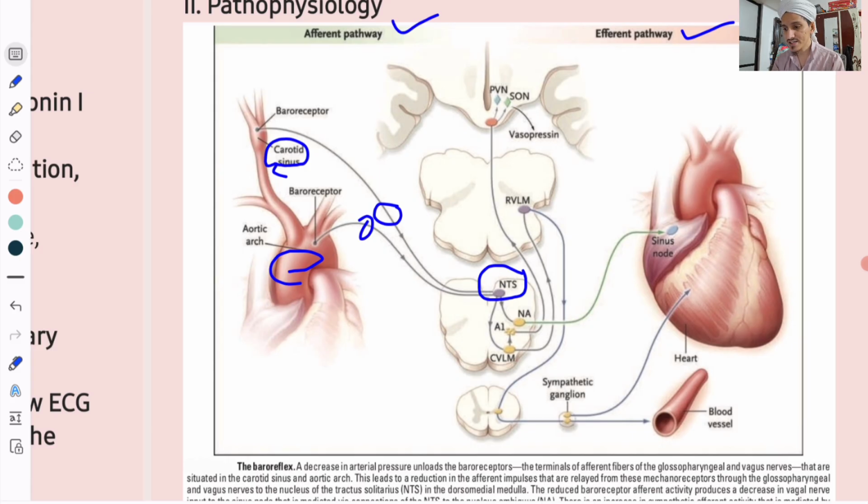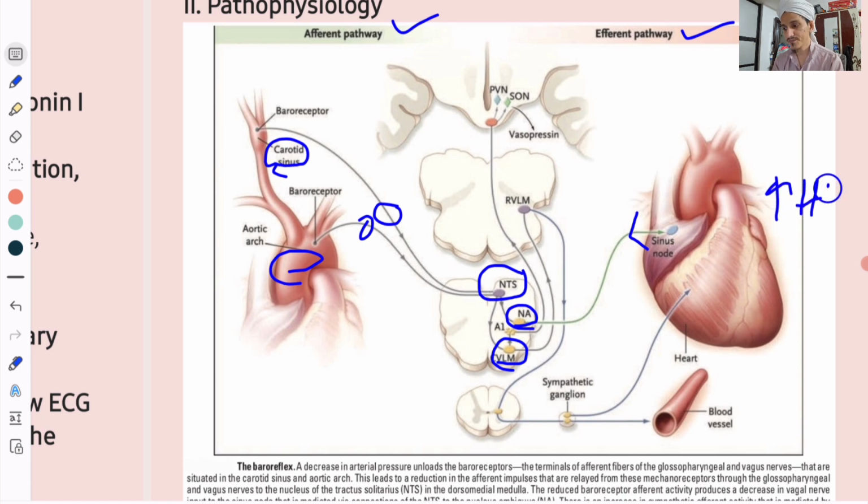That has connections with the caudoventrolateral medulla and with the vagal nerve. What will this do? This will decrease the impulses through the vagal nerve, and as we know, vagal activity suppresses the heart rate. So when there is a decrease in BP, there will be a decrease in the impulses going to the heart via the vagal nerve, so heart rate will increase.